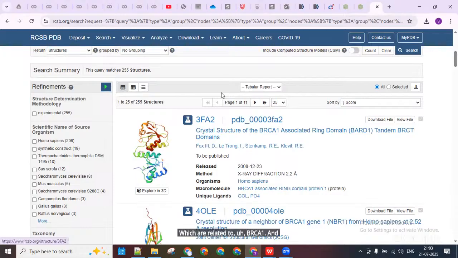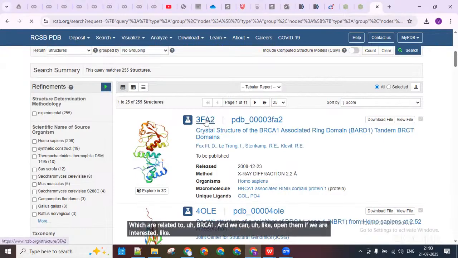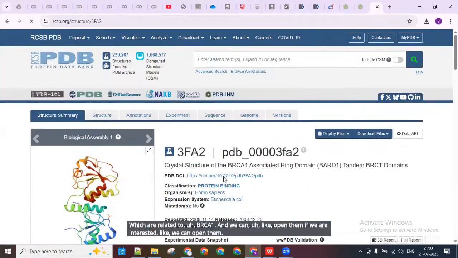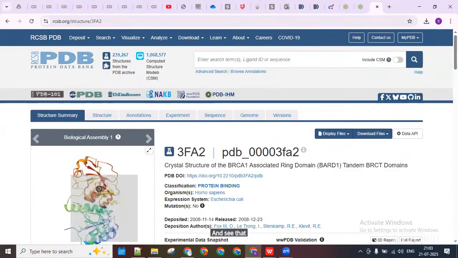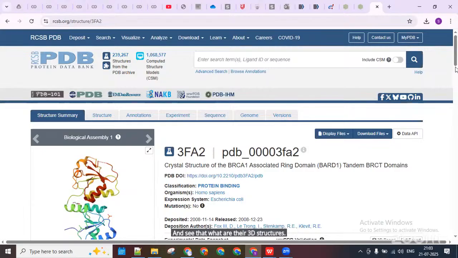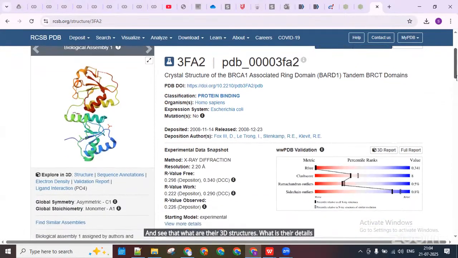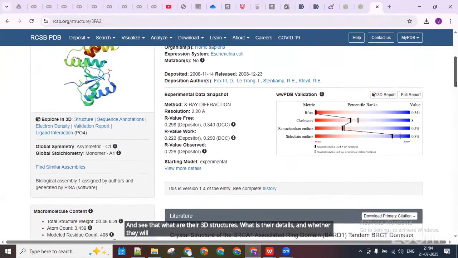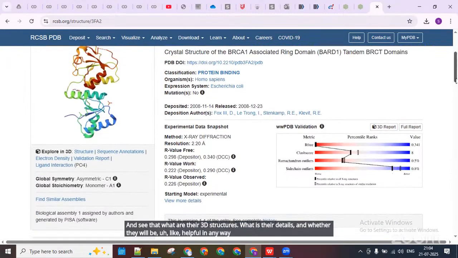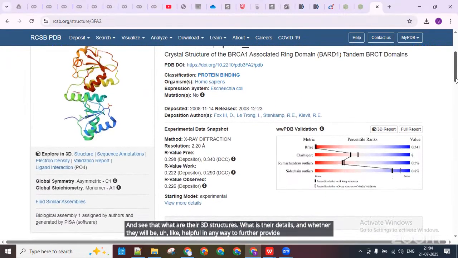And here we can see we have different proteins which are related to BRCA1. And we can open them if we are interested and see what their 3D structures are, what their details are, and whether they will be helpful in any way to further provide insightful results on our data.